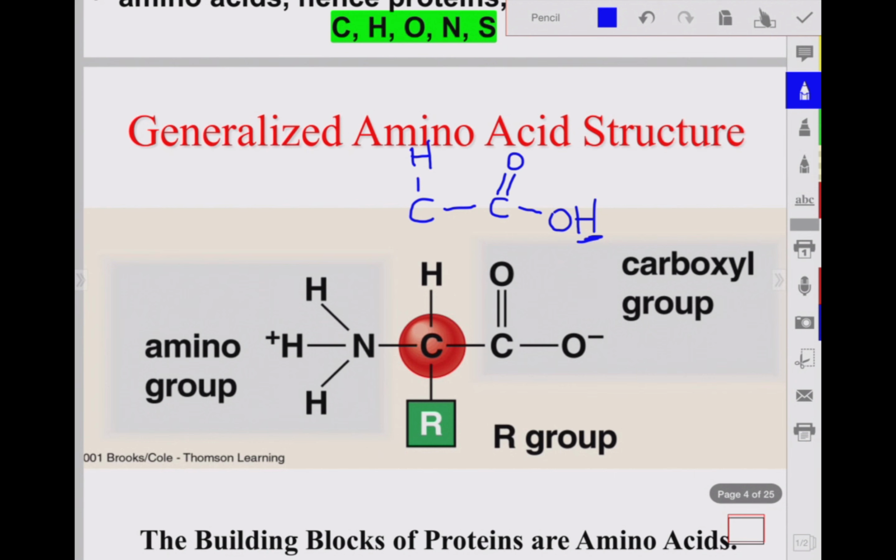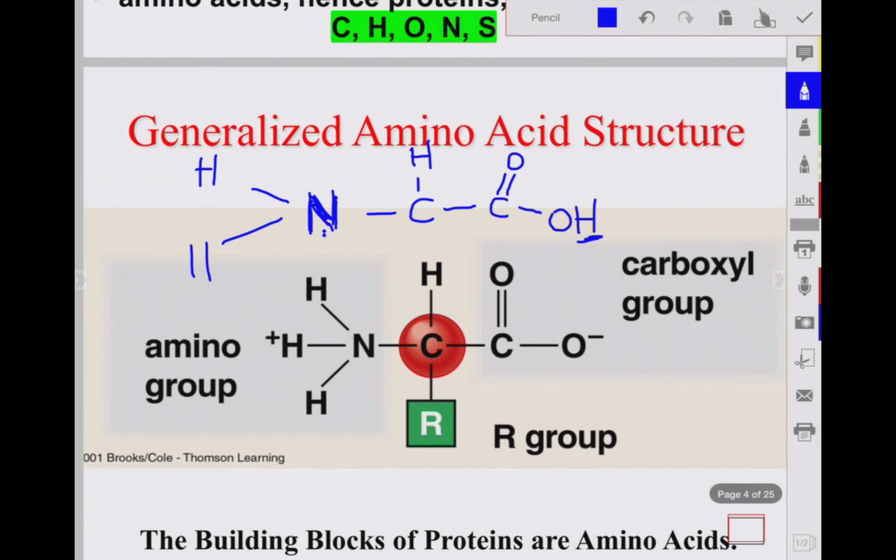Now, here's where the amino acid goes to its other primary group. I'll give you a nitrogen. And this is called an amino group.